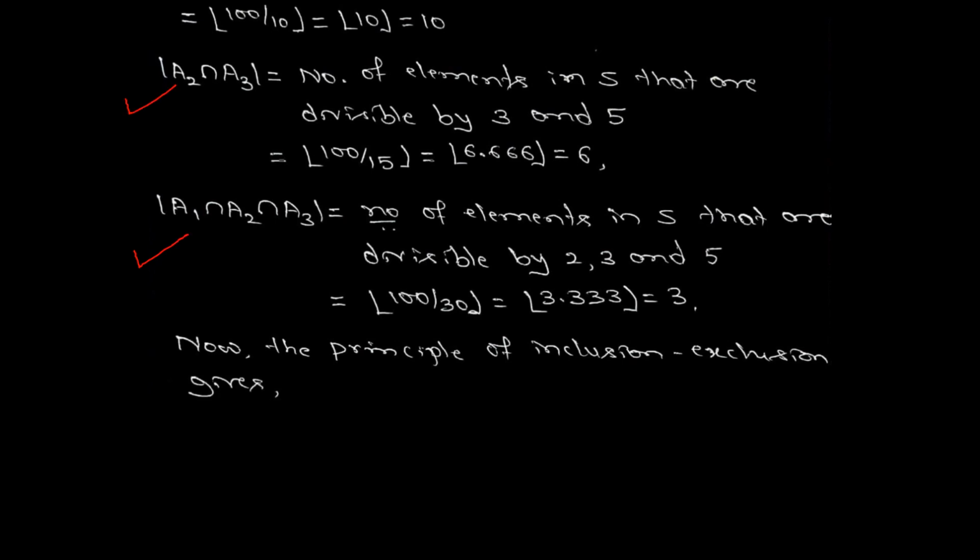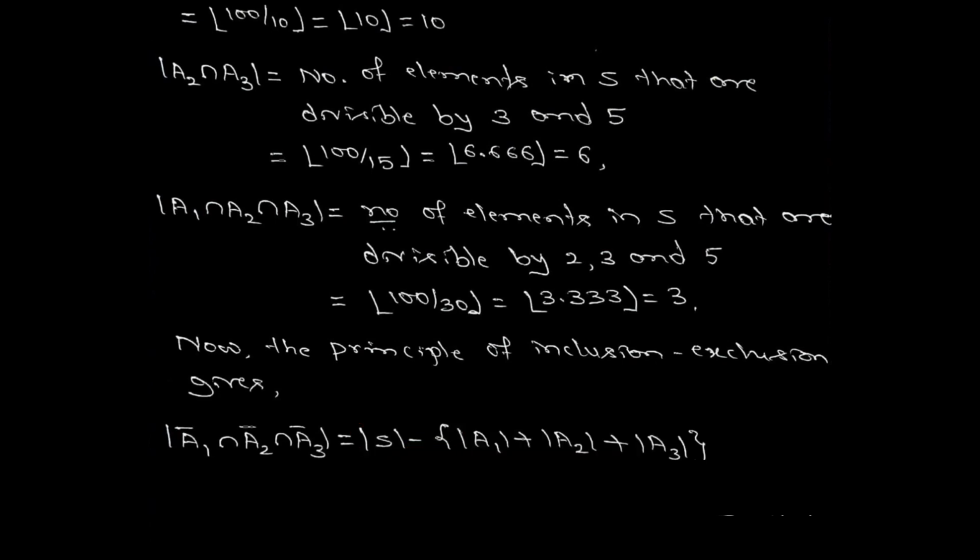Now let us go for the main formula, the principle of inclusion exclusion, which is given by cardinality of A1 complement intersection A2 complement intersection A3 complement is equal to cardinality of the universal set minus the sum of cardinality of individual sets A1, A2, A3, which we have already found. This is already given in the question.